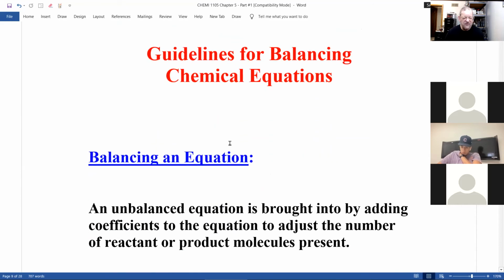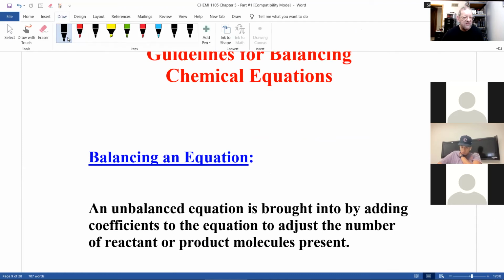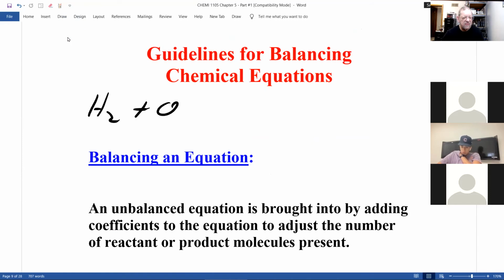Now, let's look at an equation. If we look at H2 plus O2, oxygen and hydrogen reacting to make water, H2O, notice I have two hydrogens here.